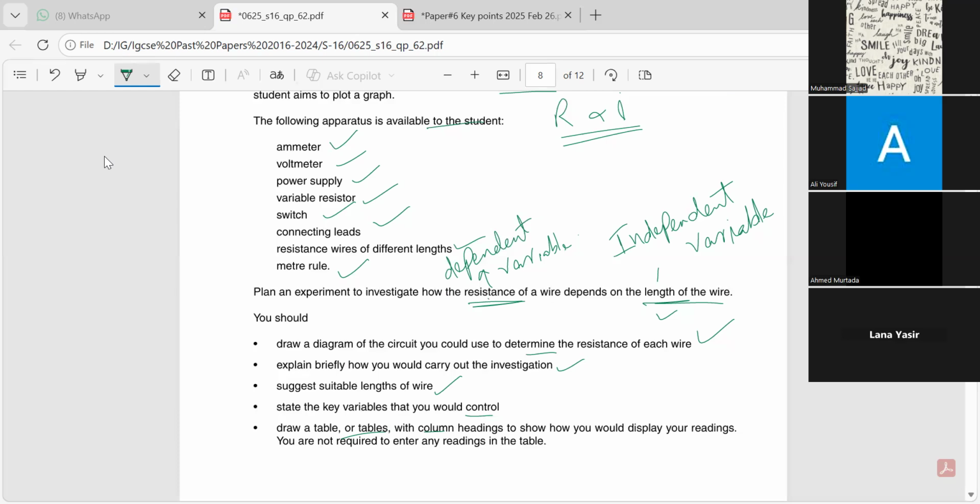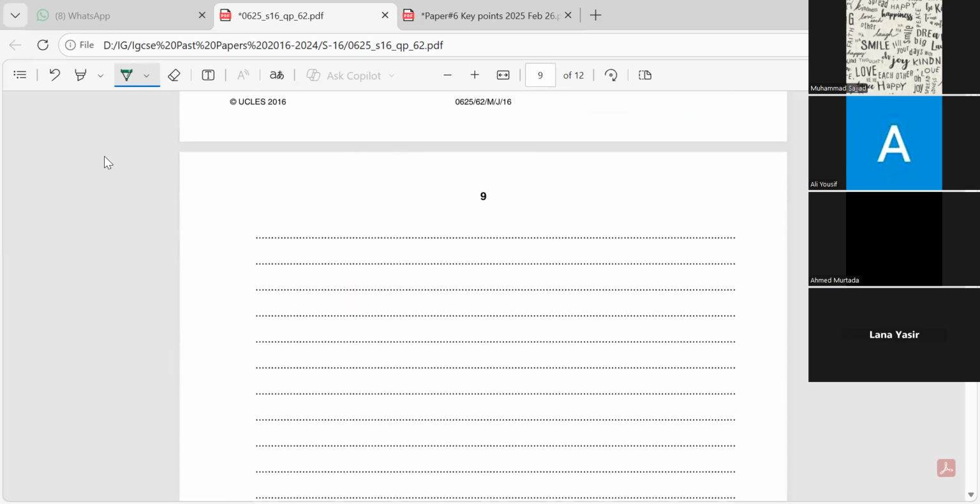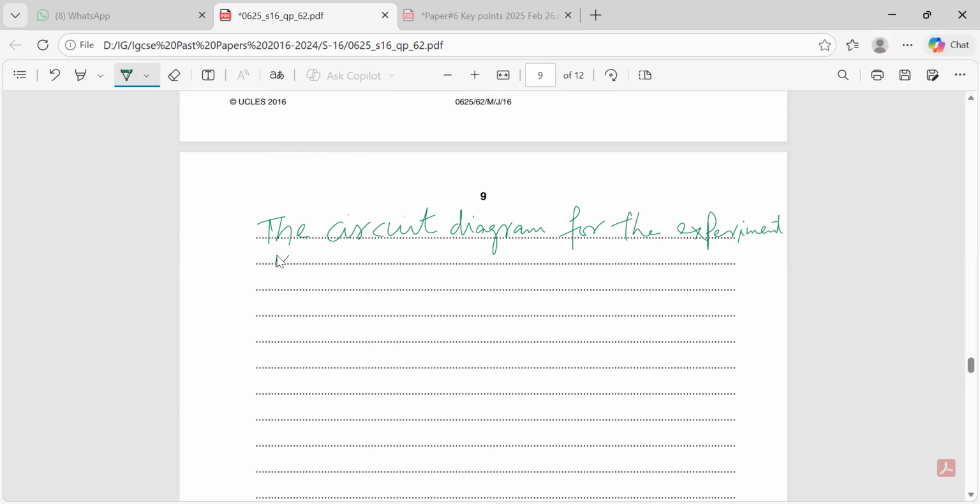Okay, my dear friends, now let's start. First of all, we will start by writing: the circuit diagram for the experiment is drawn below.